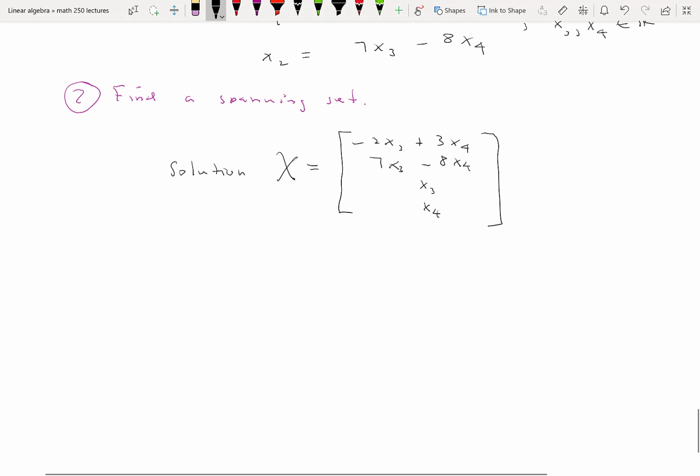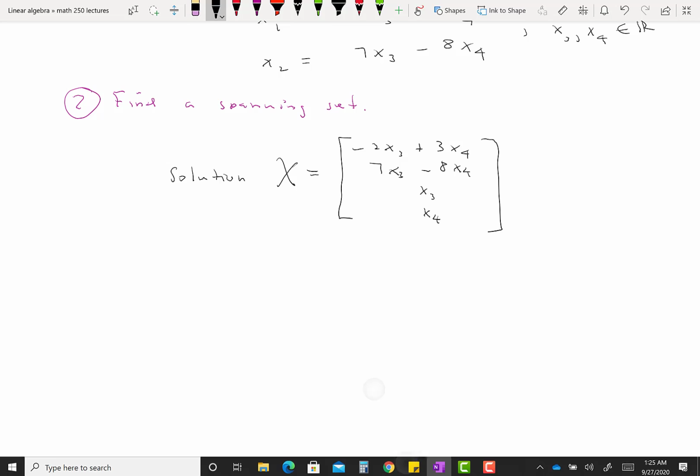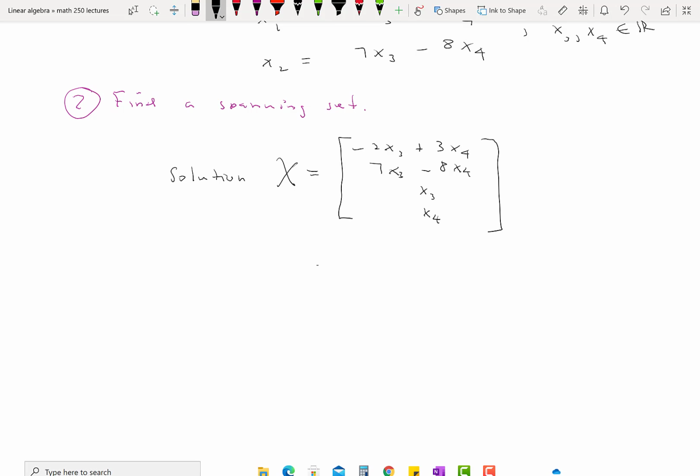Now we're going to do something that happens really commonly as we go through these kinds of problems. I'm going to tear this vector apart into the sum of two vectors. I have the operations of addition and scalar multiplication on R4 that allow me to do this. Gather the x3s into a column vector.